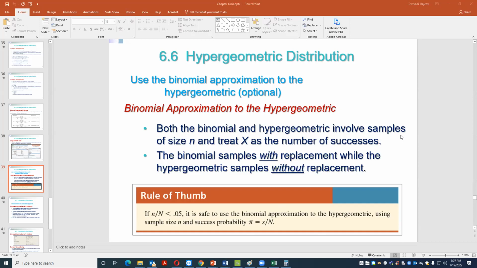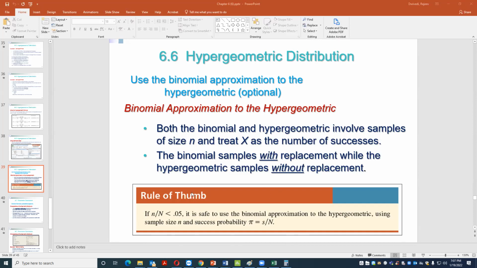Both the binomial involves sample size and treat x as a number. So look into this condition, and I think one or two questions in the fill in the blank or multiple choice questions are based on this.